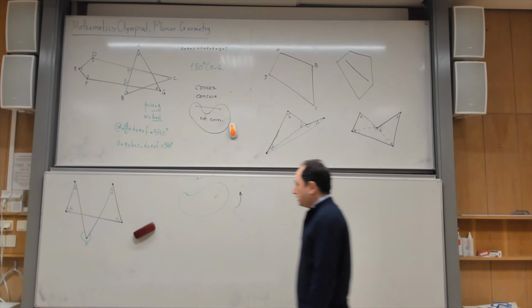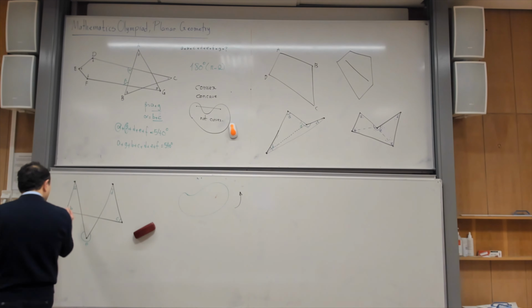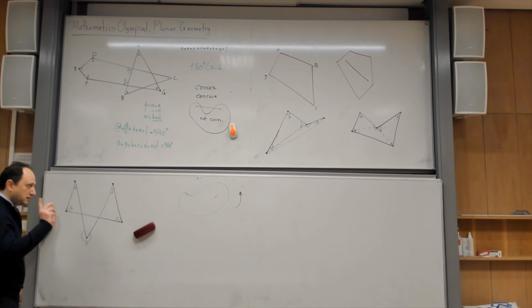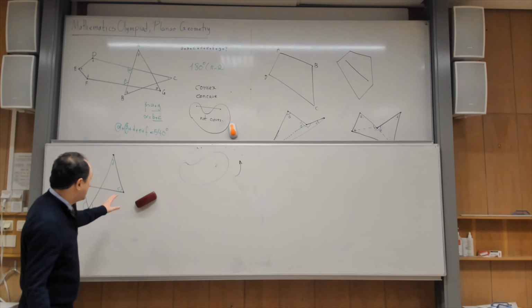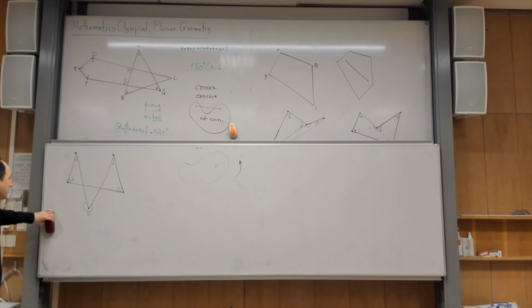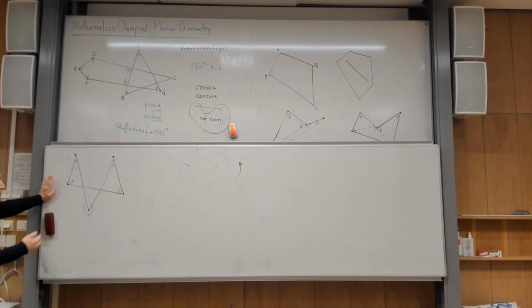Okay, so let us check it just for this particular case. Proving things in general is very hard. So how can I prove it? Or at least I want to see if it is true, because I cannot say prove, since I still don't know if it is true or false.